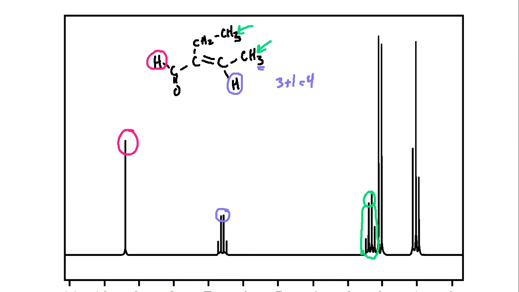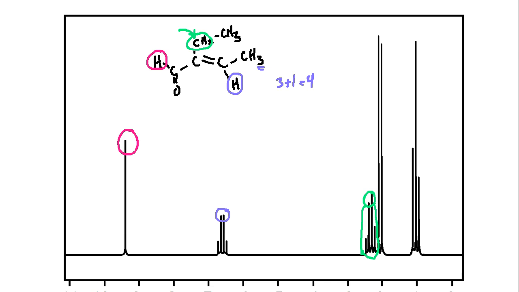So hopefully you see where we're heading here. What we really want is this guy right here, because this methylene group has a CH3 and a carbon as a neighbor, so it's got a total of 3, plus 1 would be 4 for the quartet, and so this is going to be the most likely candidate for those peaks over there.